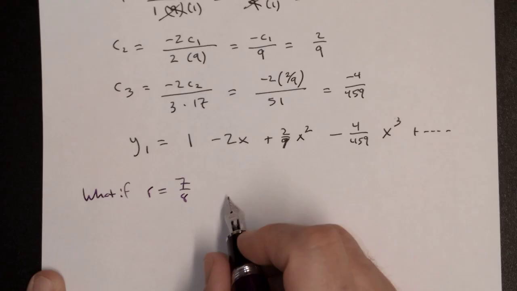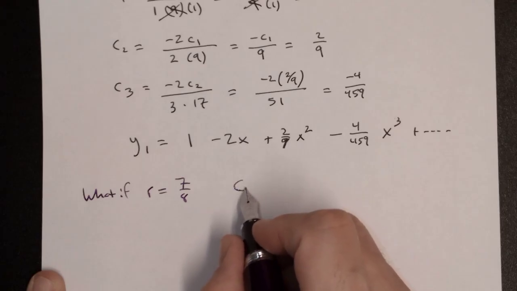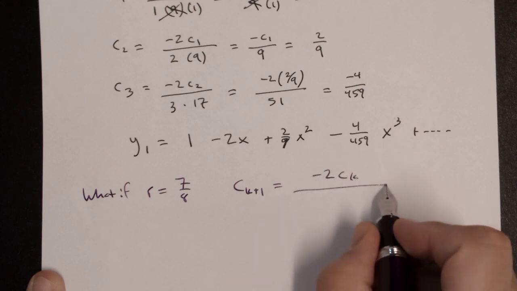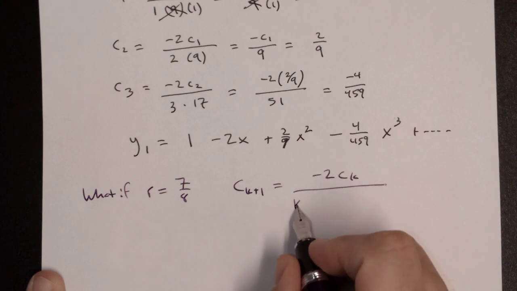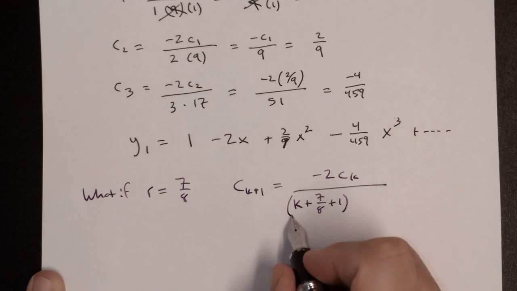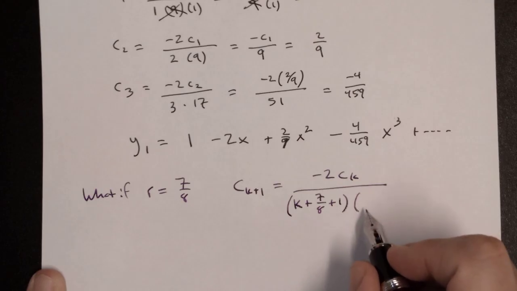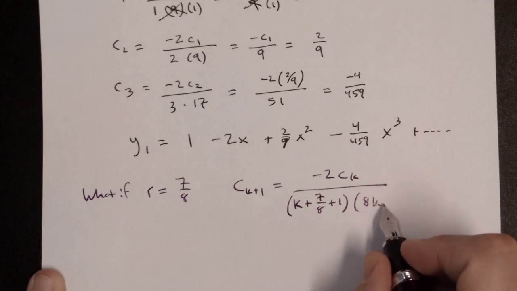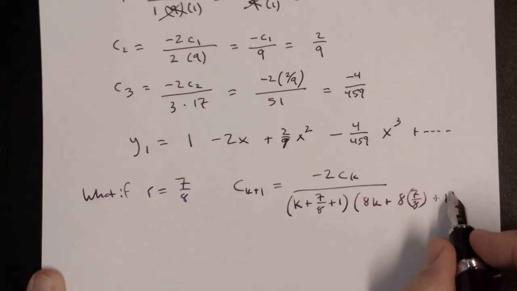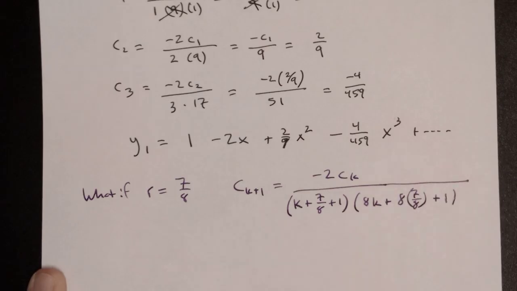Well then, CK plus 1 is minus 2CK over K plus R plus 1 times 8K plus 8R plus 1. All right, wait a minute. Simplify this thing in the right-hand set of parentheses.